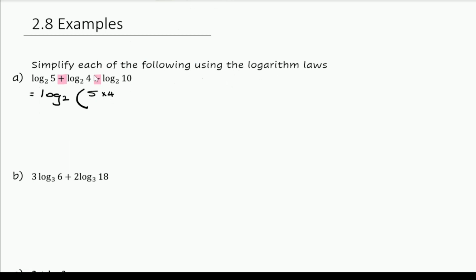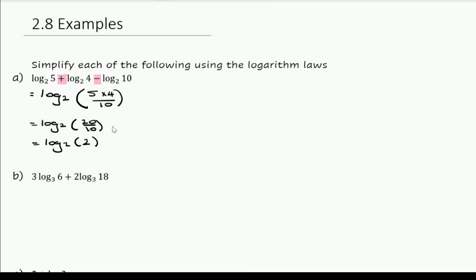And if we look at our subtraction law, it says that we need to divide. So I'm going to have 5 times by 4, and I'm going to have this divided by 10. Simplifying this gives us log base 2 of 20 over 10. And of course, the zeros cancel out, so then this becomes log base 2 of just 2.